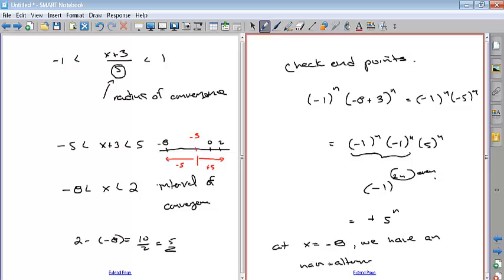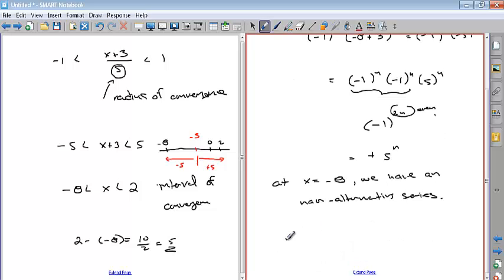Could be a p-series, it could be anything, but it's not alternating, so we have to use whatever it is. And at x equals 2, we have an alternating series.